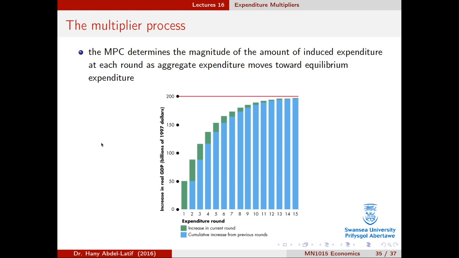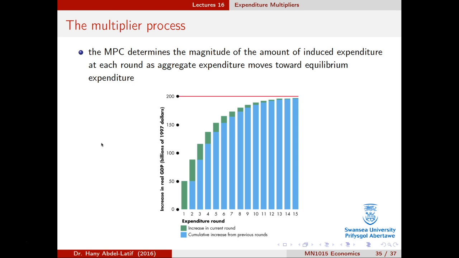But what you see here is the 50, and this 50 will create a second round. This is the cumulative increase from previous rounds. So in the second column, for example, or second bar, that is both together. So this is 100 plus 80 plus 64, and so on until we come to 200.